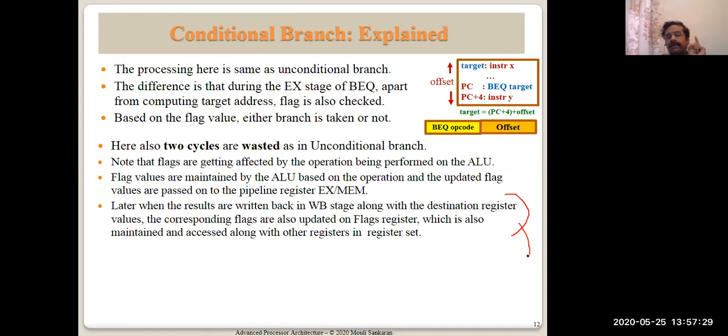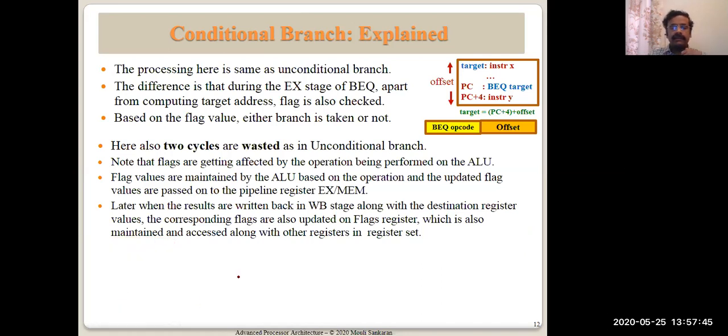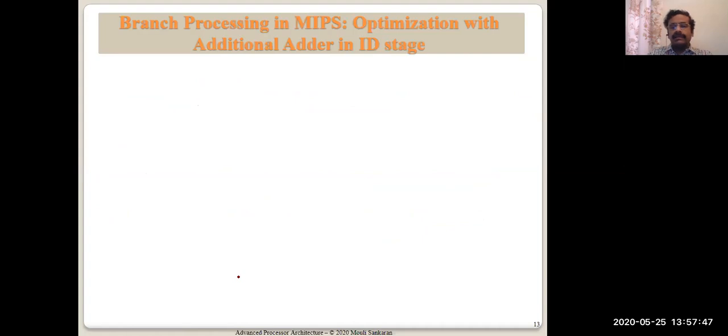If you remember, in ARM, some instructions affect the flags and some may not. So based on the condition, it will be selectively written into the flags register, or it may not be written. Those who remember ARM can relate to what I am saying. That's all, guys. I have explained it now.